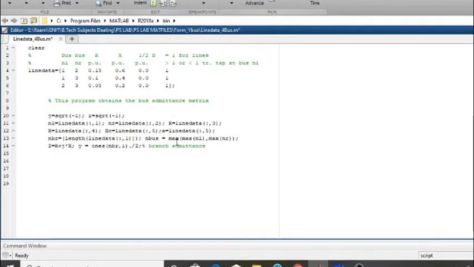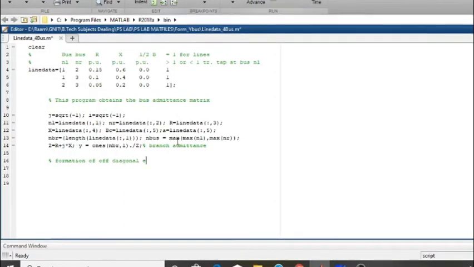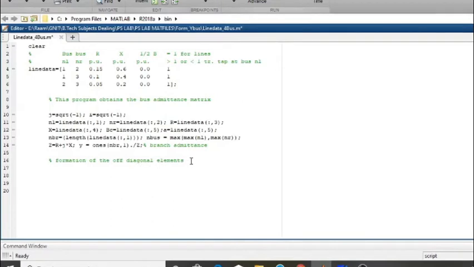Now we need to form the diagonal elements first. So, formation of diagonal elements. How are we going to form them?